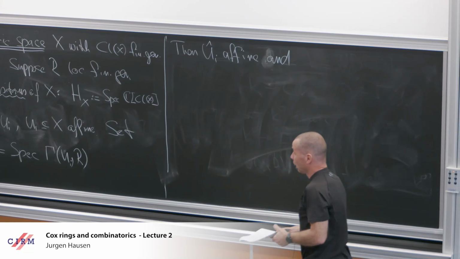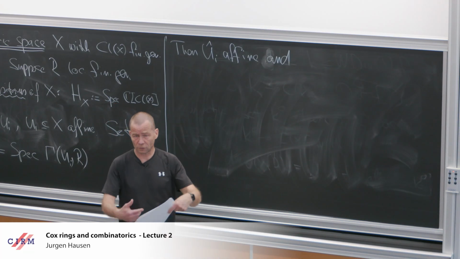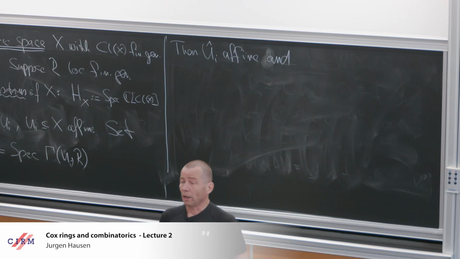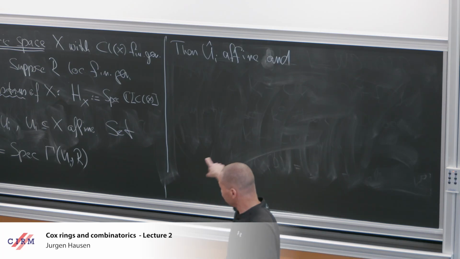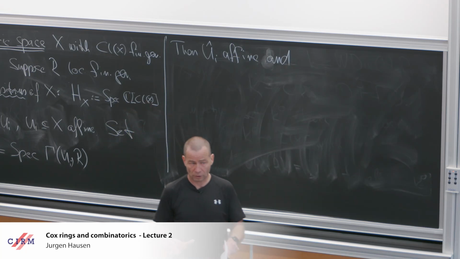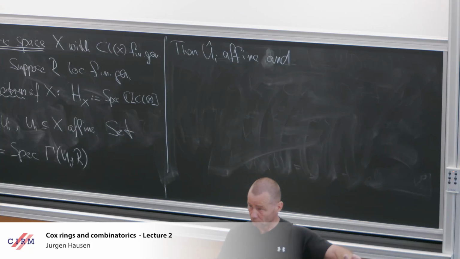Recall, this is an algebra which is graded by the divisor class group. And if I take the spec of a graded algebra, then I get an affine variety. I also already have the quasi-torus which corresponds to the divisor class group. And now this grading gives me an action of the quasi-torus on this variety.